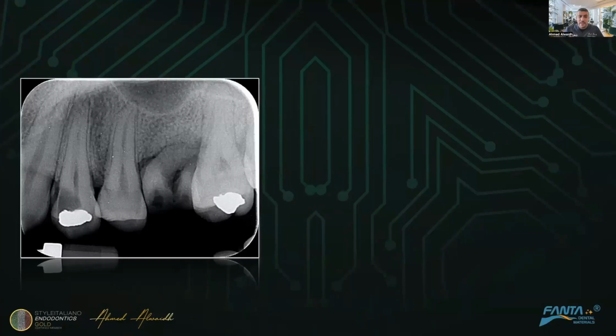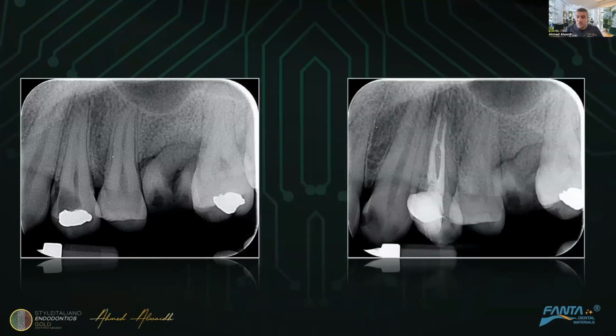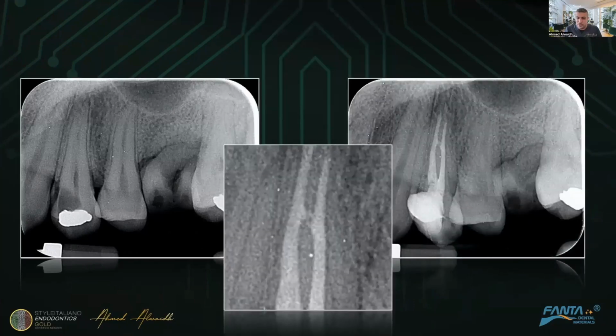This is a nice example. This is a root canal of an upper first premolar. You can see with the thermal obturation, we have the isthmus being filled. So now we have a 3-dimensional sealed root canal system. Can we do this with a single cone? No. Can we fill these anastomoses with cold lateral?